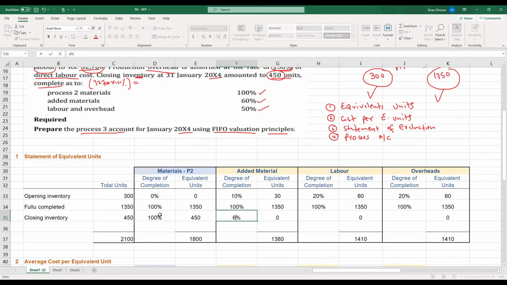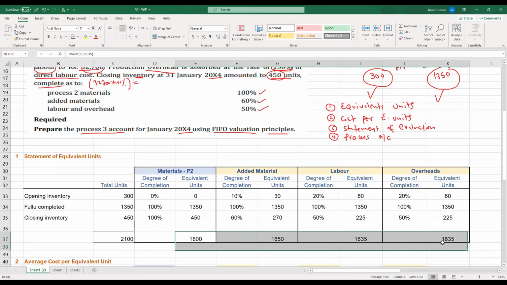Labor and overhead are 50% and 50%. Thereby we can identify the equivalent units. So these are the equivalent units under each category.